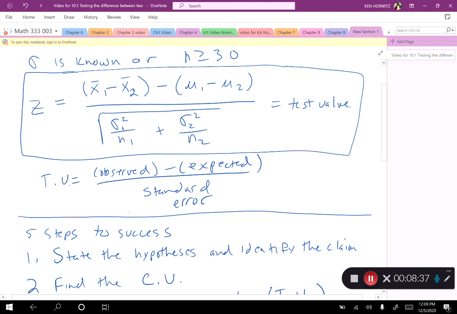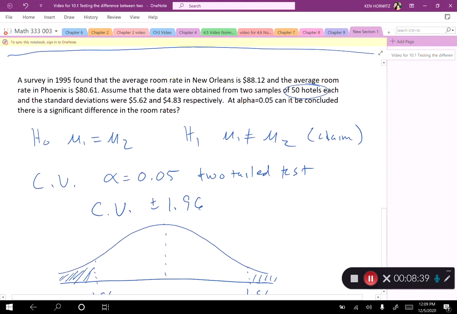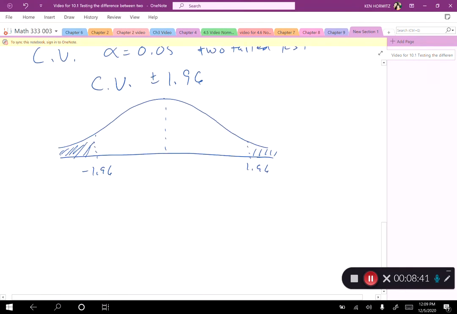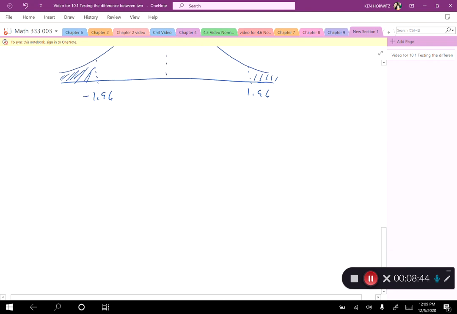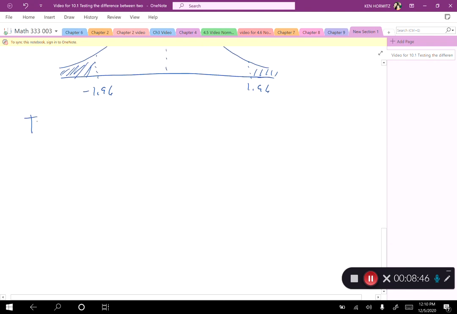All right, so let's fill in some numbers. So, test value equals, my first sample average was 88.42, my second sample average was 80.61.